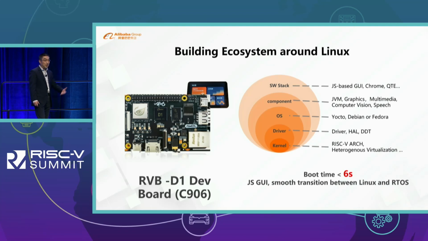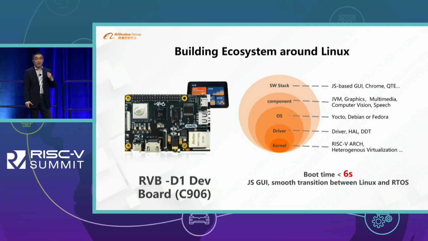Last but not least, Linux. Linux is widely used in enterprise. The left-hand side is the development board. We work with our customers. This board is a 1 gigahertz frequency volume production application processor in the market.